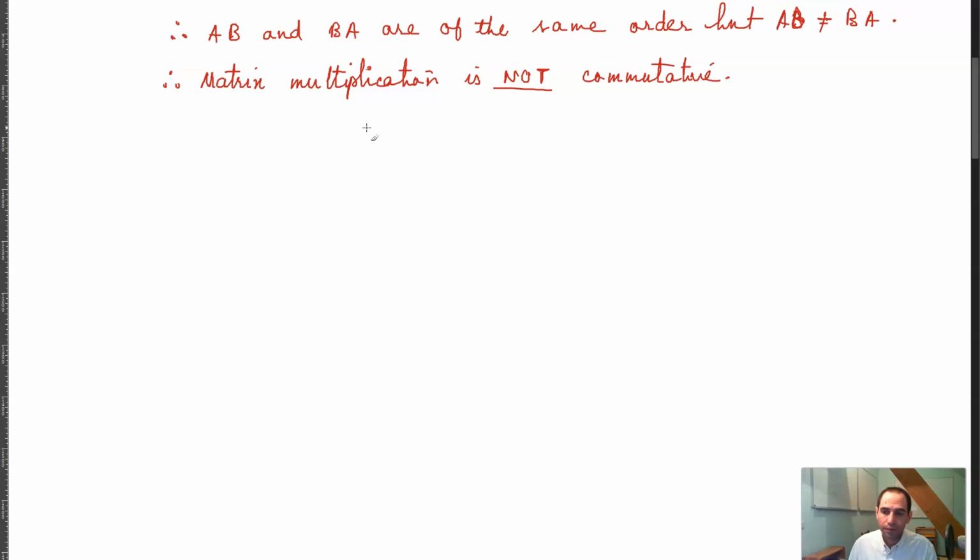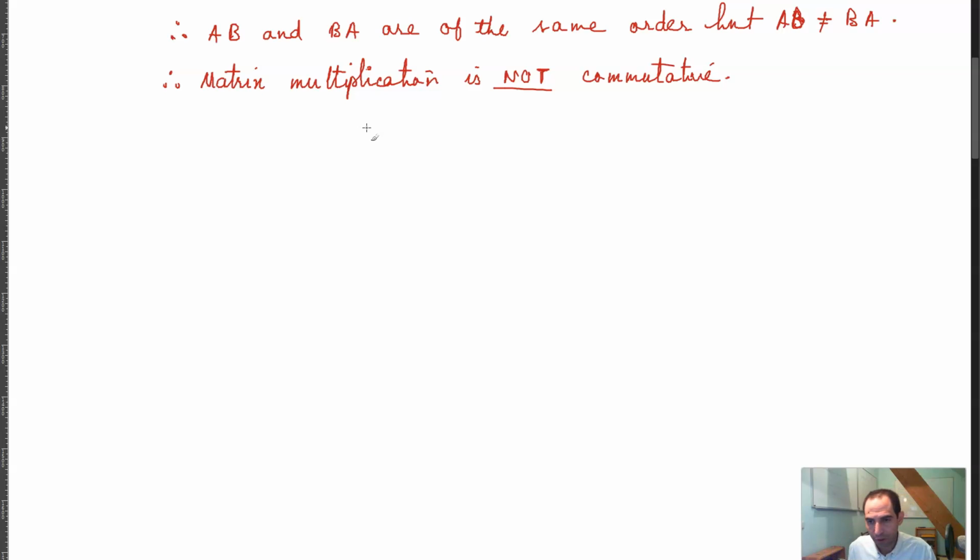But in mathematics, as you know, even if you find billions of such cases in which matrix multiplication is commutative, if you find even one counterexample that shows that matrix multiplication is not commutative, then that means that matrix multiplication is not commutative.